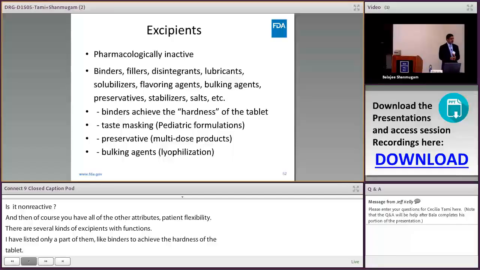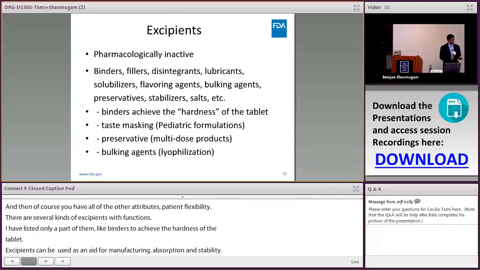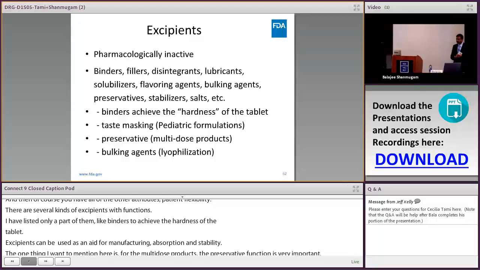The one thing I want to mention here is for the multi-dose products, you have the preservative there, and preservative function is very important. And taste masking, where there's the use of sweeteners for the pediatric formulations. Apart from masking the taste, it also helps with patient compliance.